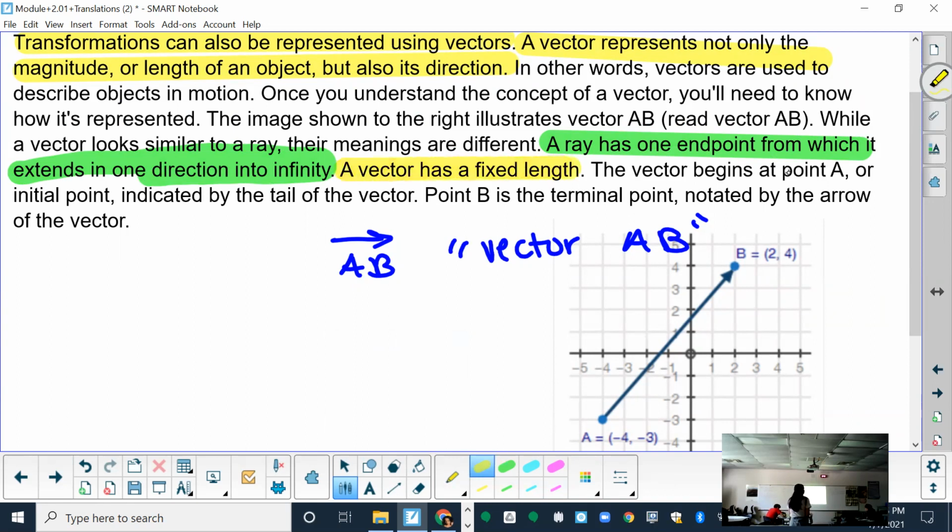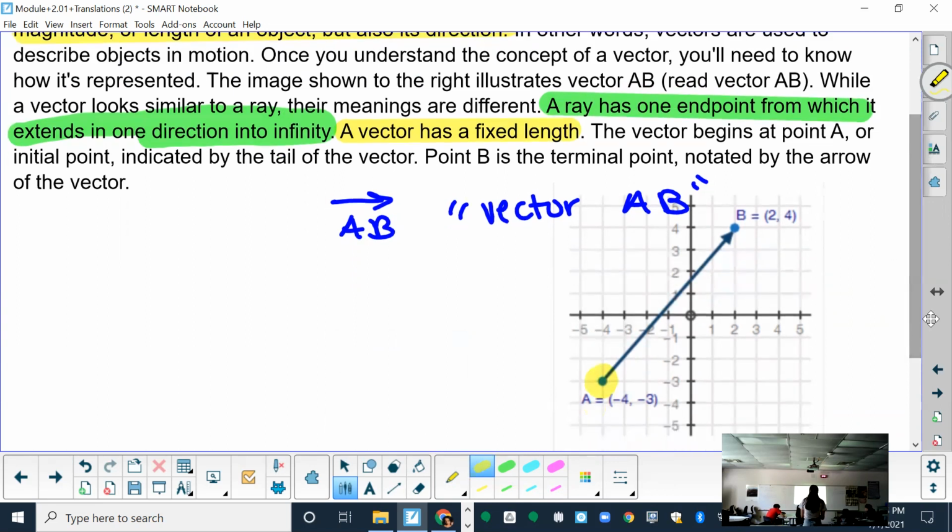So the vector begins at point A, also called the initial point. And it's indicated by this little tail of the vector. And point B would be your terminal point.